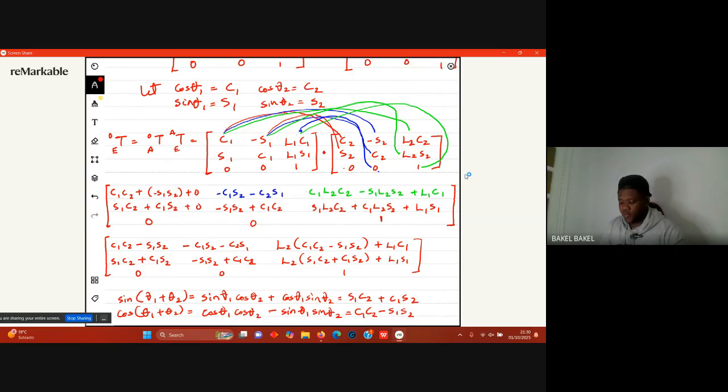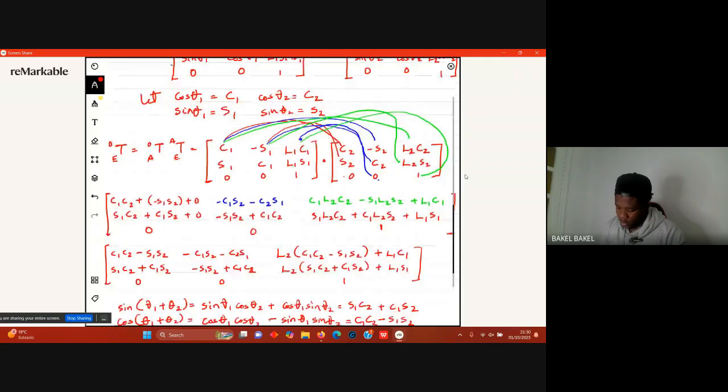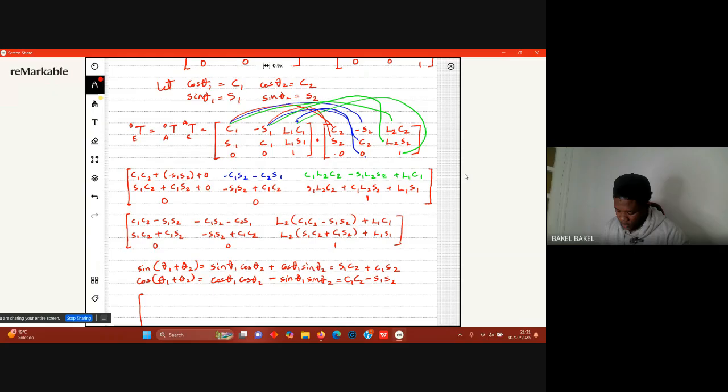What do we do with this? We simplify the equation we have before us. In order to do that, anywhere we see this here, this is cos theta 1 plus theta 2.